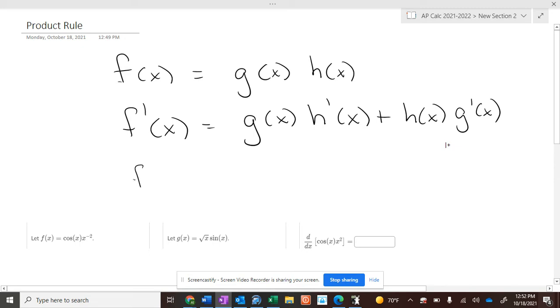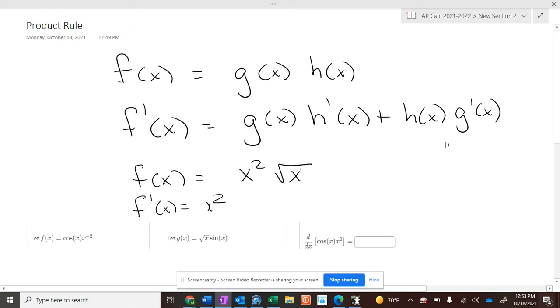So, if your function is f of x equals x squared times the square root of x, then your first derivative of that would be x squared. What's the first derivative of the square root of x? What is the square root of x written in?